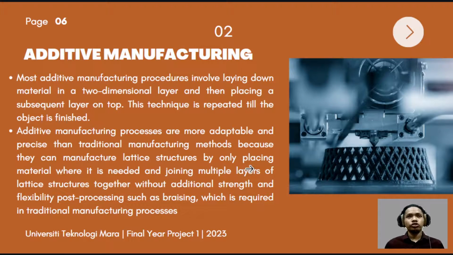Additive manufacturing also is more adaptable and precise than traditional manufacturing methods because it can manufacture lattice structure by only placing material where it is needed and joining multiple layers of lattice structure together without any strength loss and flexible post processing.